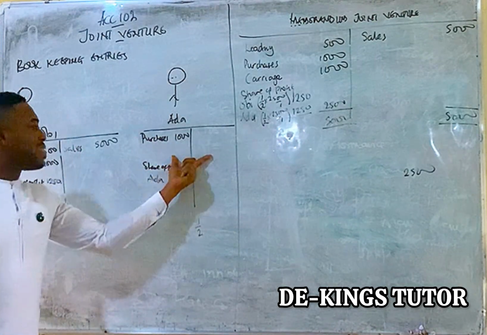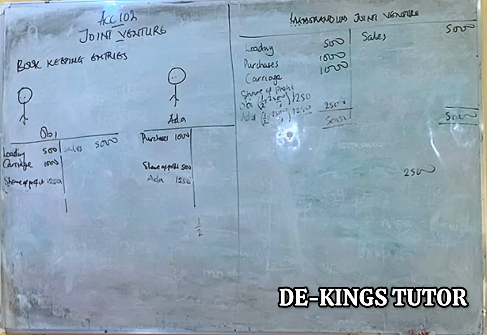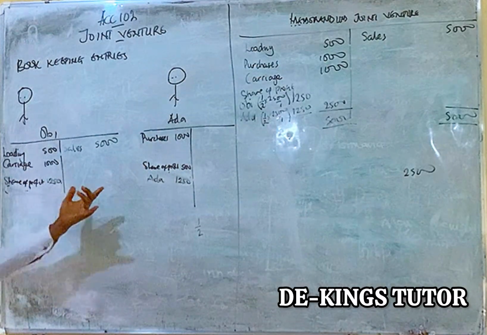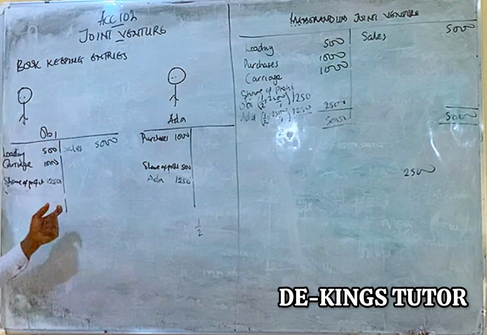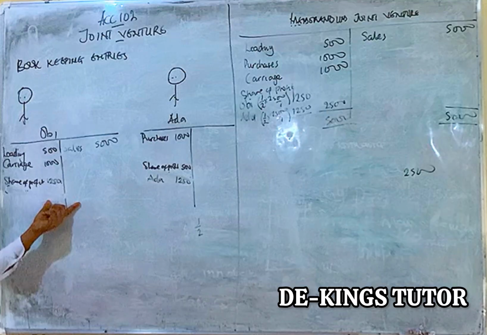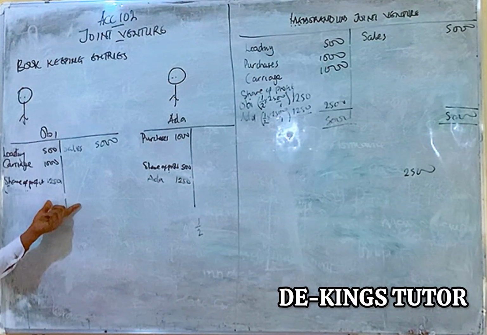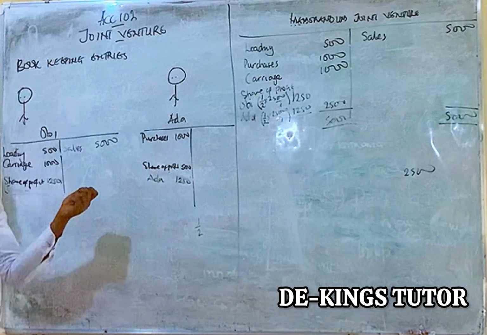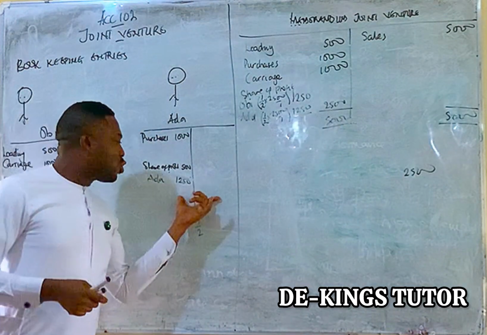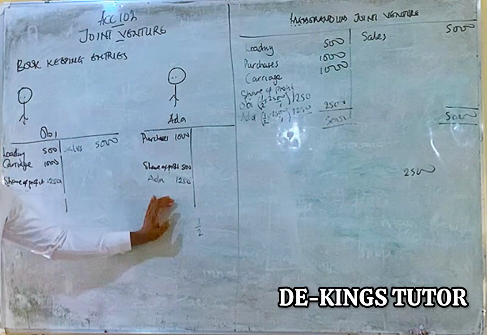And also, this person does not know what is here, because they are preparing their accounts individually. So, as at this time, this person does not know if he has received more than what he is supposed to receive or less. While this same person also does not know if she has received more than what she's supposed to or less than.